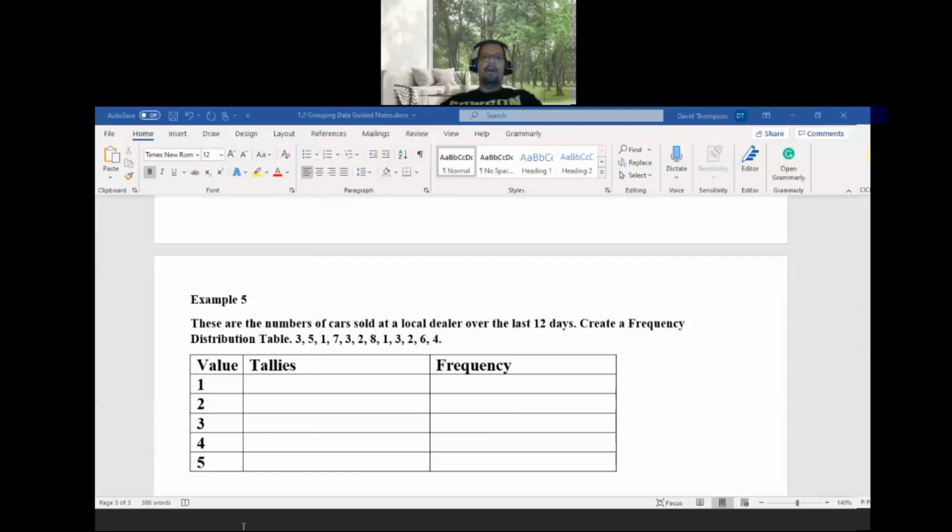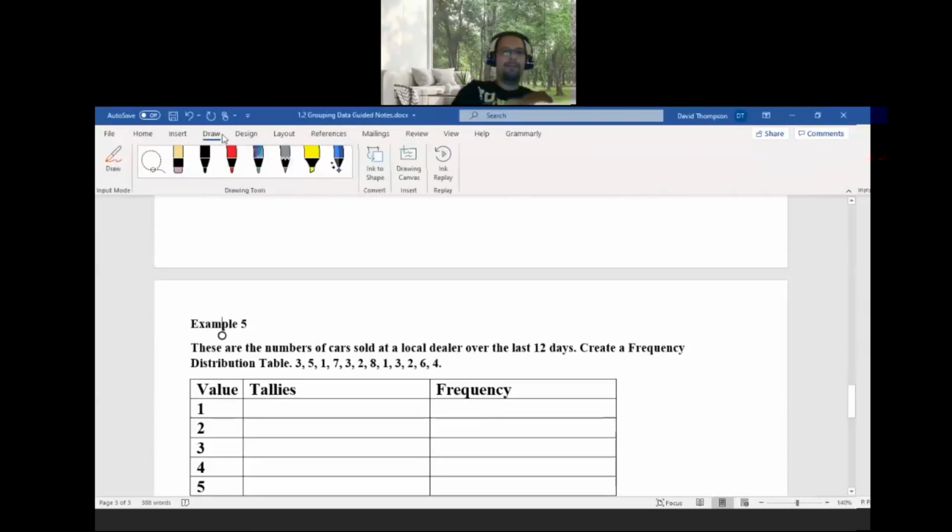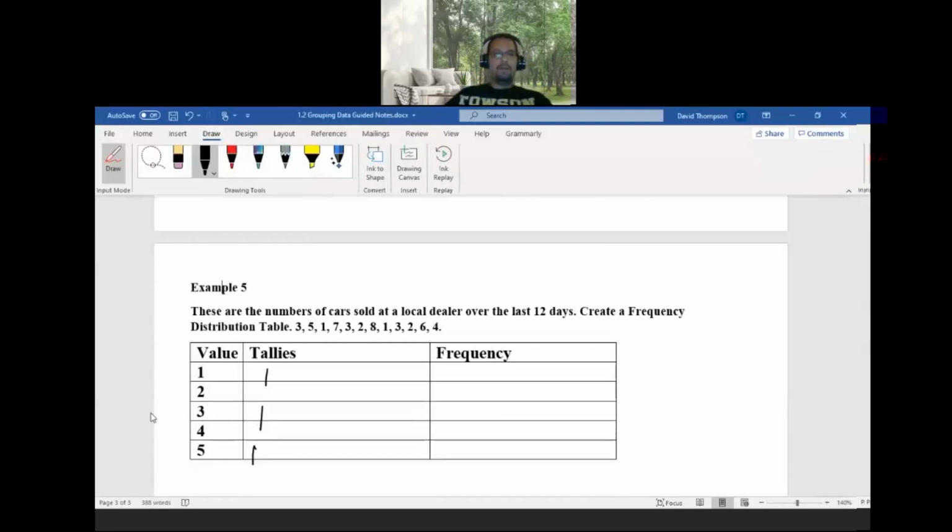Example 5. These are the numbers of cars sold at a local dealer over the last 12 days. Create a frequency table. So we have the numbers 3, 5, 1, 7, 3, etc. So we're going to tally 3, 5, 1. We missed 7, so we'll come back to that. 3, 2, 8. Come back to that one. 1, 3, 2, 4.